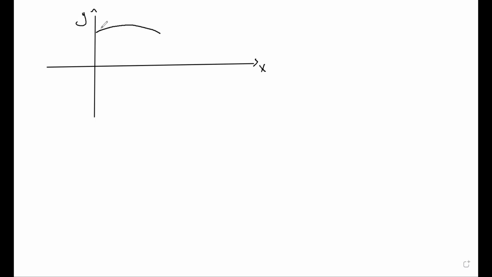It doesn't have to stick to the y-axis. It could be anywhere, maybe. Well, there we go. So I have two vertical lines here, A and B, and I'm rotating, and I wonder what happens when I rotate this piece of area here. So when I rotate, folks, you get something like this.